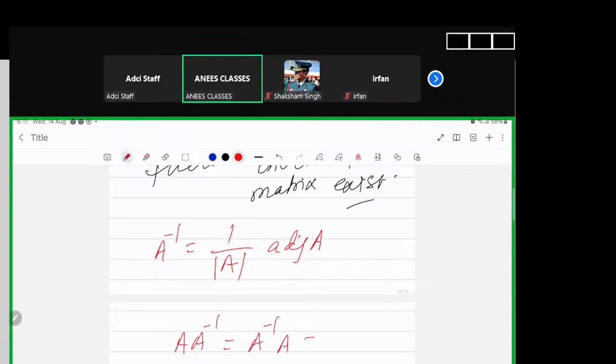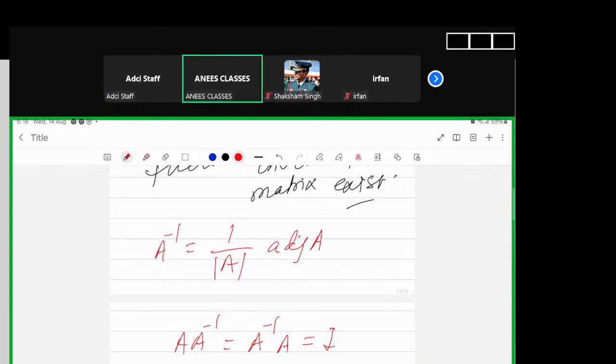A inverse A equal to unit matrix, identity matrix. Tell me. Understood? Yes, sir.